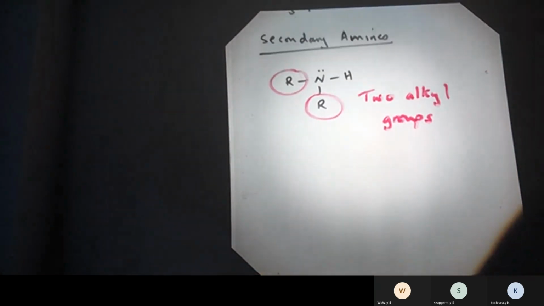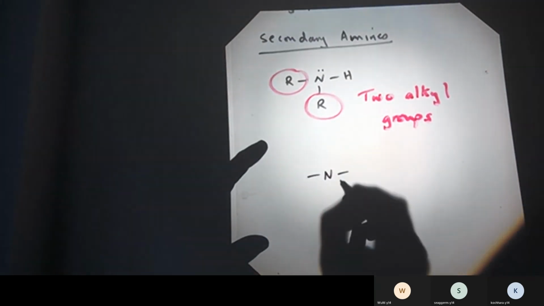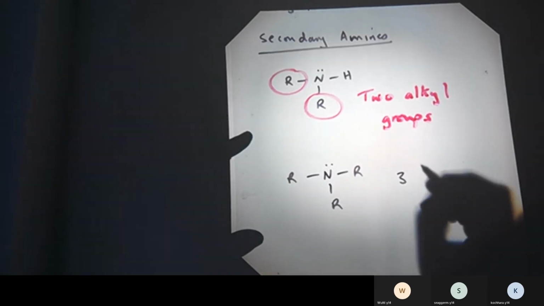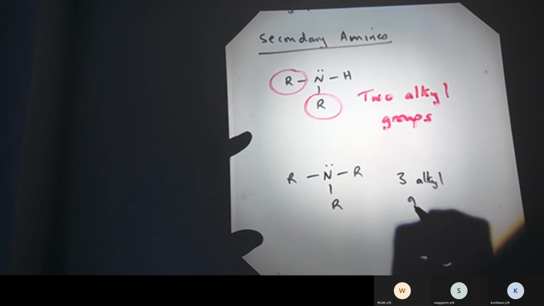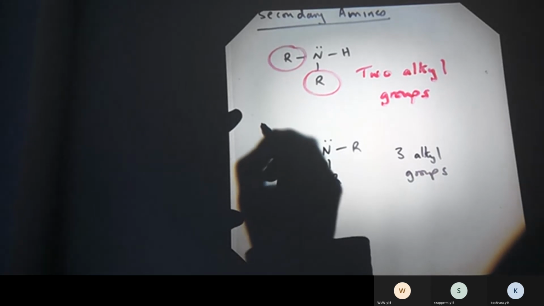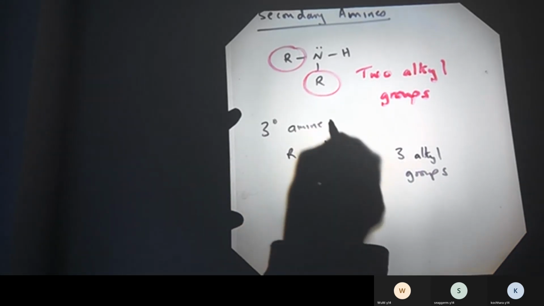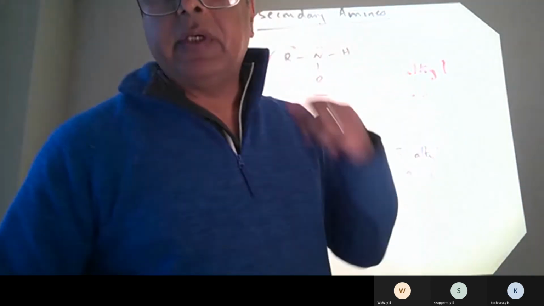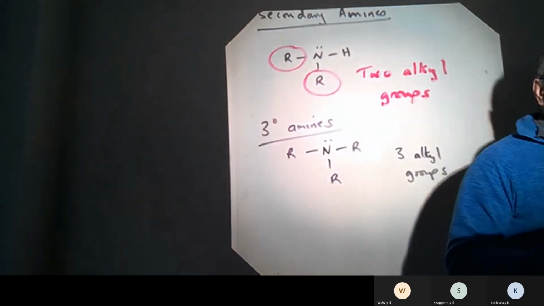What about tertiary amines? The third discussion would be exactly the same. Tertiary amines have three alkyl groups. We can abbreviate tertiary as 3 degrees.